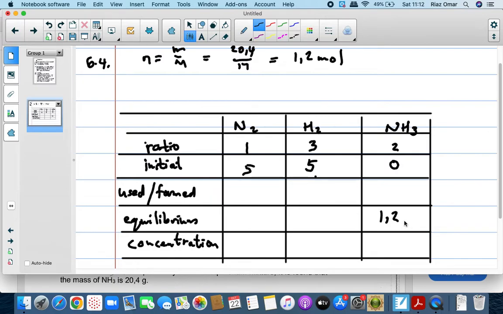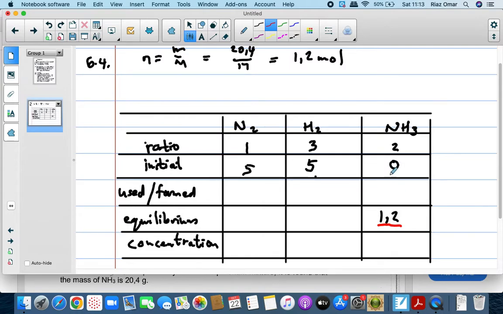Okay, so what we notice is that once we've got the initials and we've got something at equilibrium, we can work out the ratio and we can work out our equilibrium using the table method. Once we know we've got this 1,2, it makes a big difference because now we can calculate something.